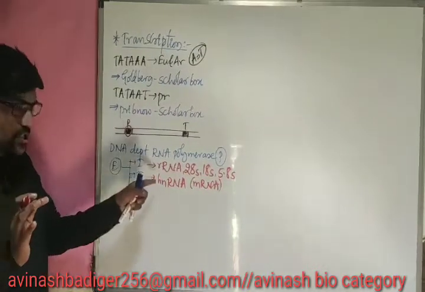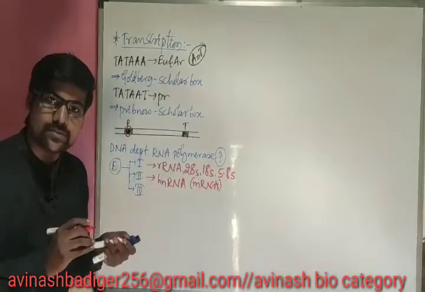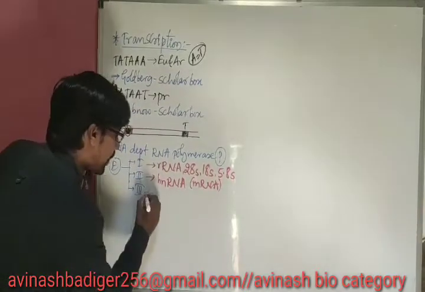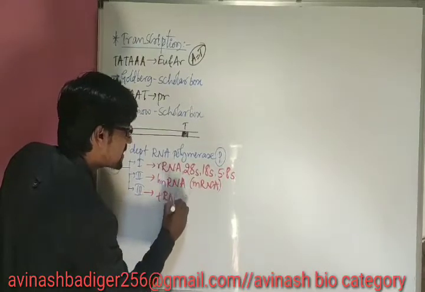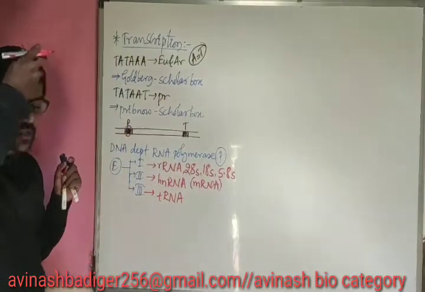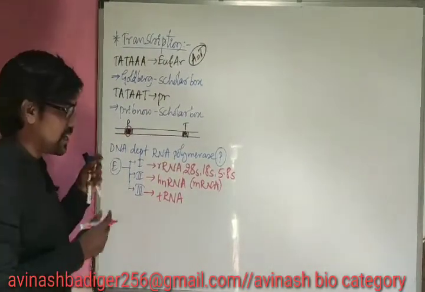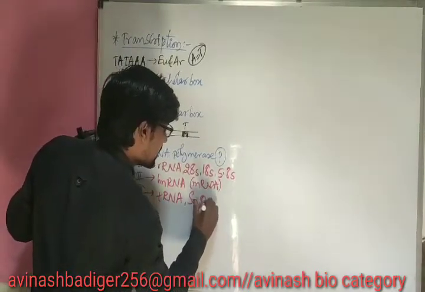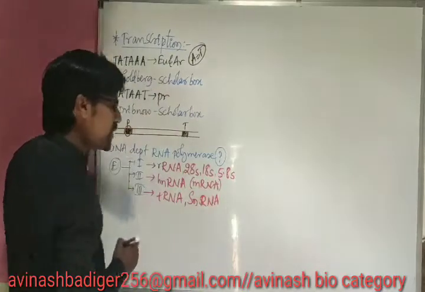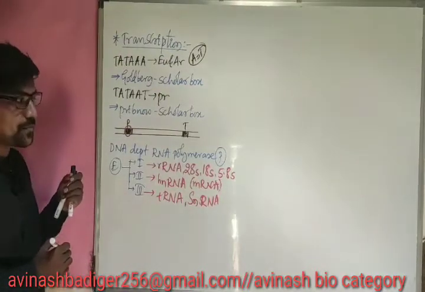First hnRNA is produced, and next it becomes mRNA. And RNA polymerase 3 produces tRNA, transfer RNA, and along with that, snRNA, which means small nuclear RNA.